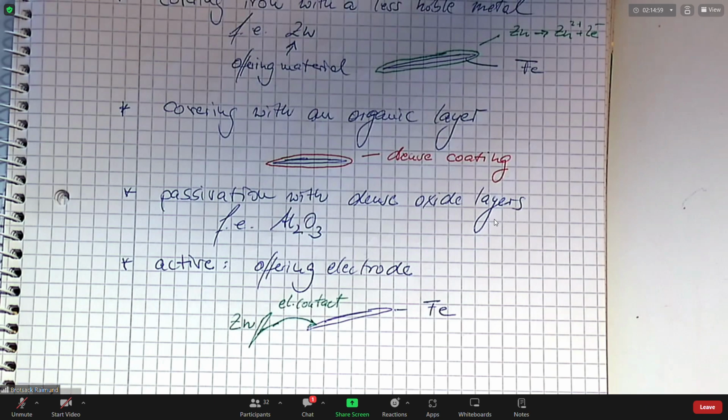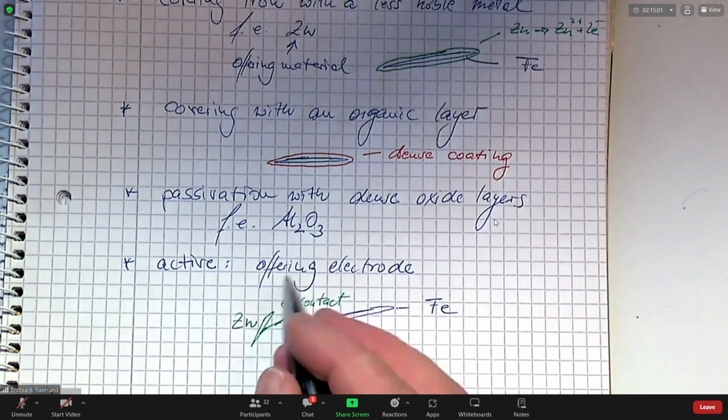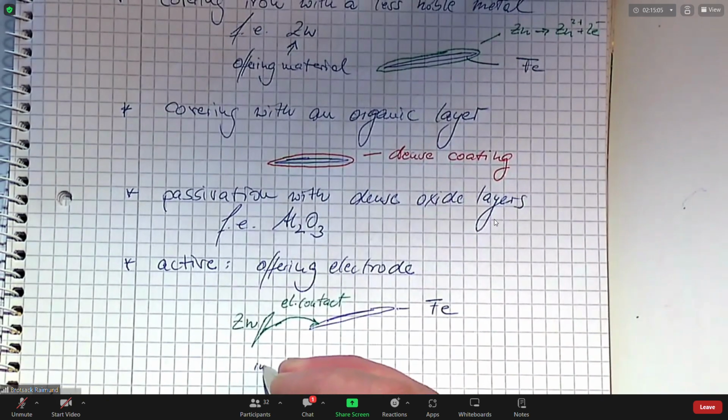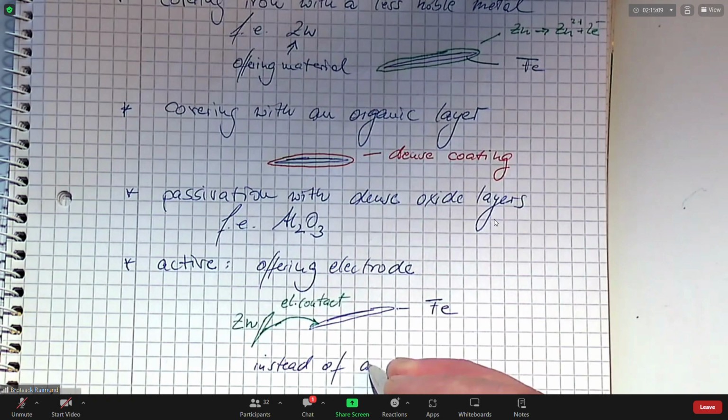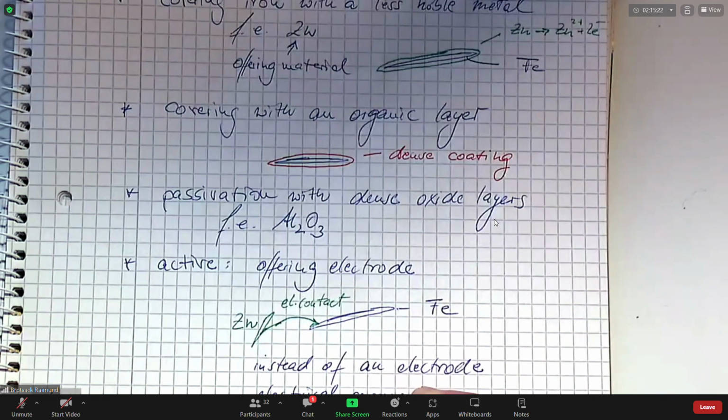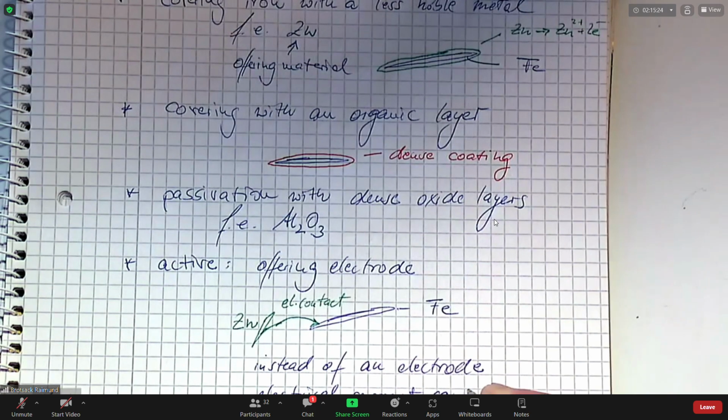So this can be done by a zinc sacrificial electrode, or even an electrical current, instead of an electrode. Electrical current can be used.